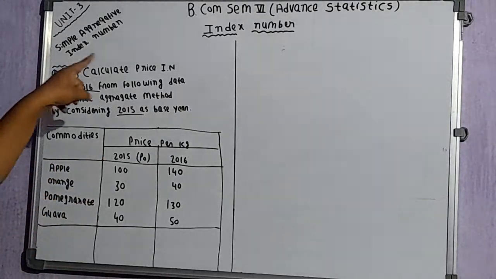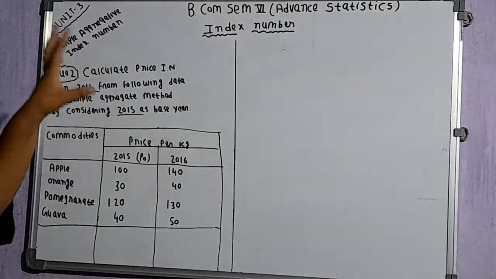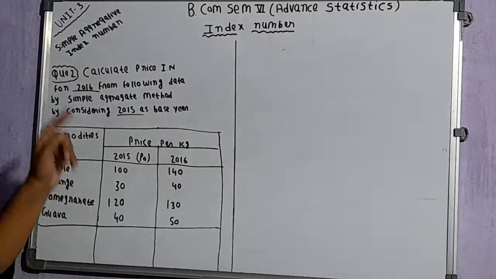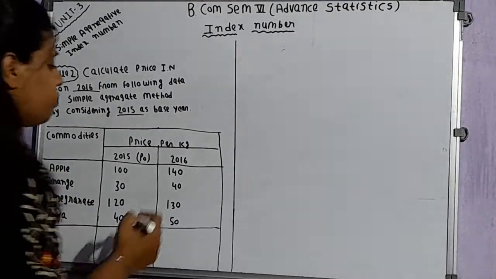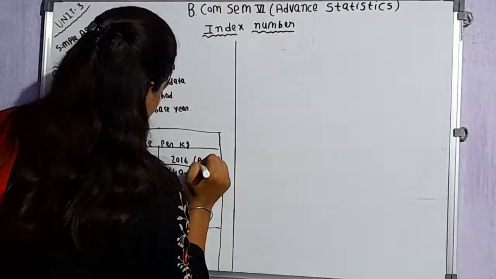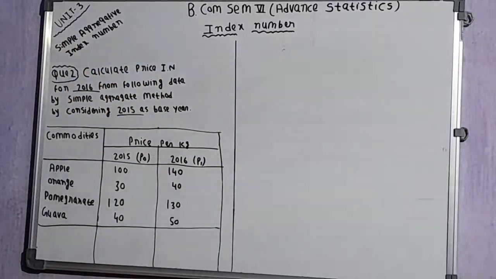After that we have to calculate the price index number for 2016. So we interpret that 2016 is the current year, and it would be denoted by P1, because we denote the current year by P1.